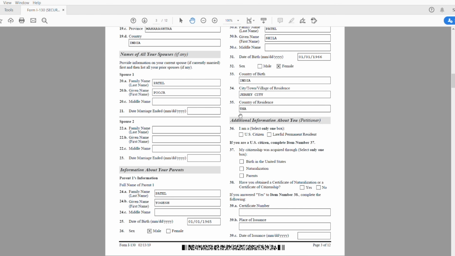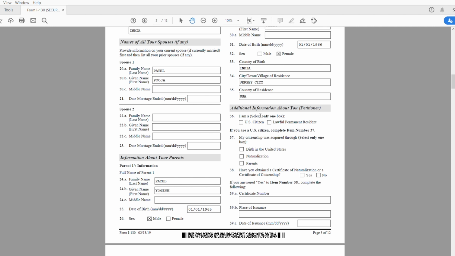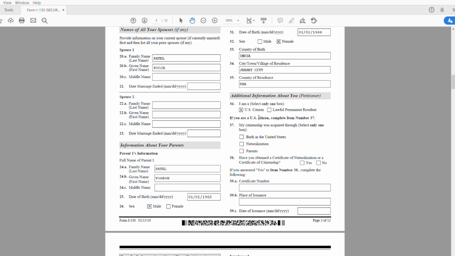Now, additional information about you, the petitioner. Number 36. I am a U.S. citizen, or if you're a lawful permanent resident, you would indicate that in this box. If you're a U.S. citizen, complete item 37. My citizenship was acquired through, select only one box. So Mr. Patel was born in the United States.